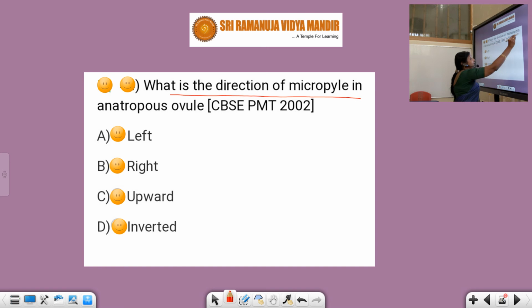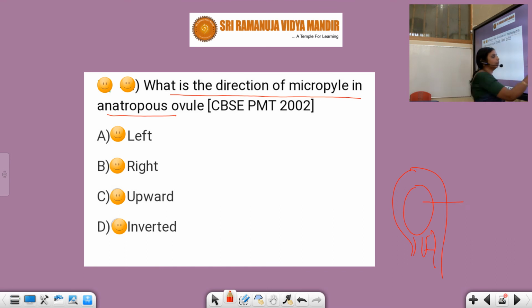So which is the inverted type? What is the direction of the micropyle in anatropous? Anatropous is an inverted type. So the micropyle goes to this side, in the lower portion, and the body bends at a 180-degree angle.